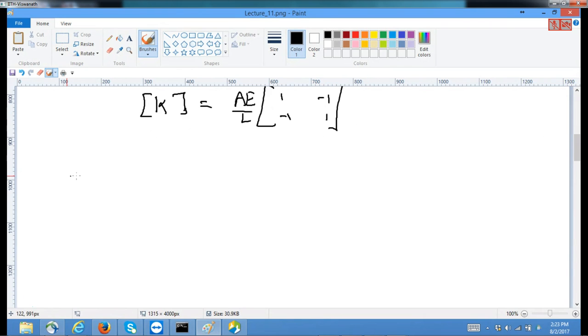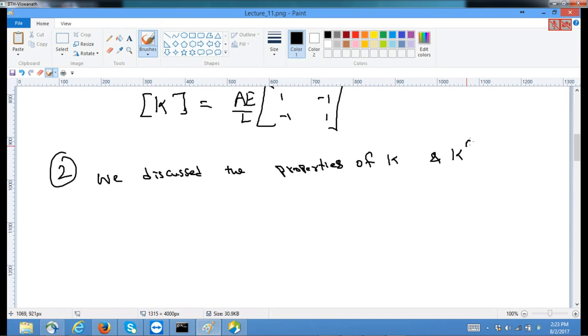Then we discussed the properties of K and K_g.